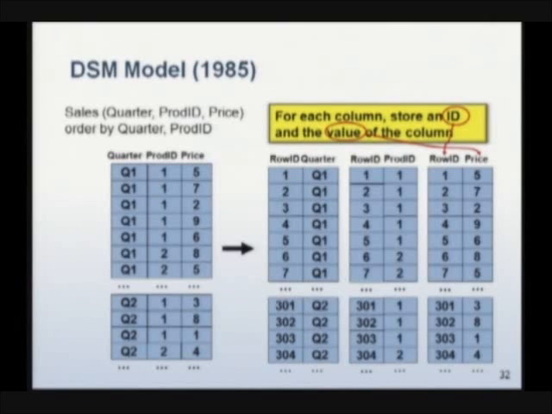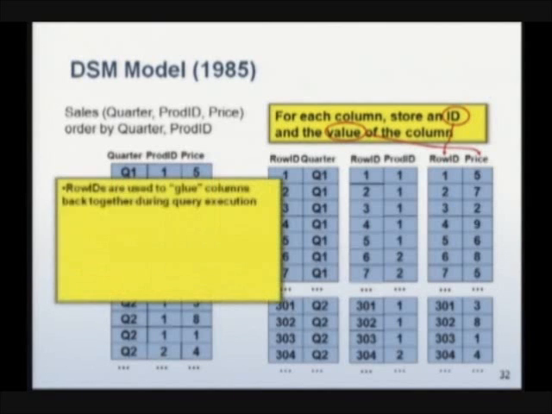The tables on the right are what it looks like after I've loaded it. So every single value gets an extra value associated with it that identifies the correspondence between the different values in the columns. These things are used in query processing to glue stuff back together.